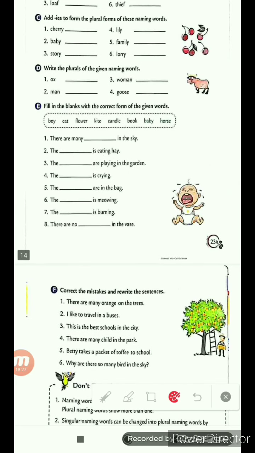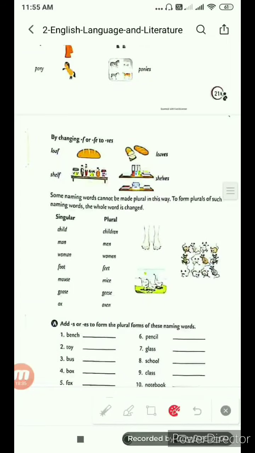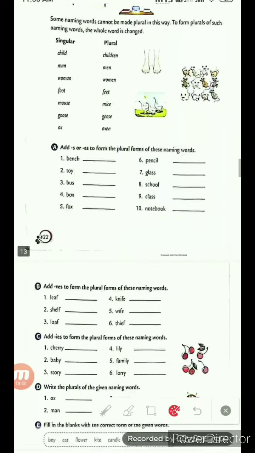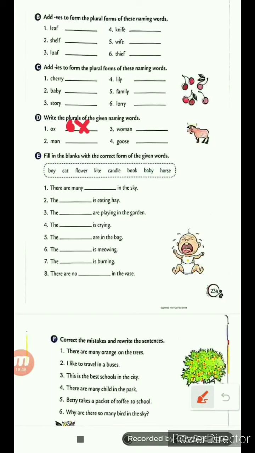Next, write the plurals of the given naming words. As in the previous part, we have learnt all this, that child, children, man, men, like this we have to do in this exercise. So ox, what we have learnt as plural, that is oxen.